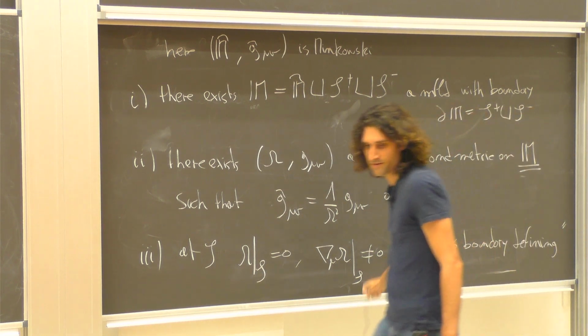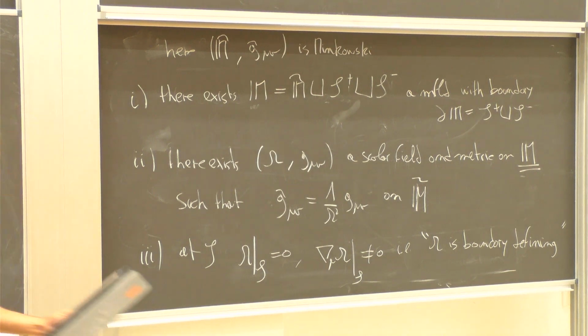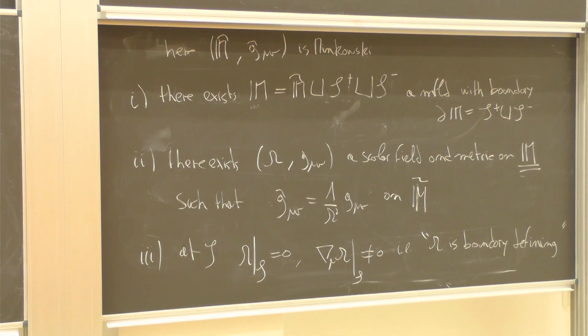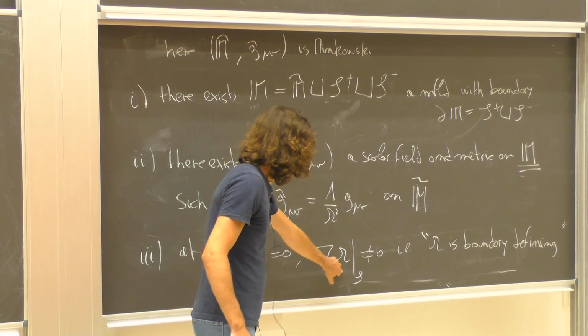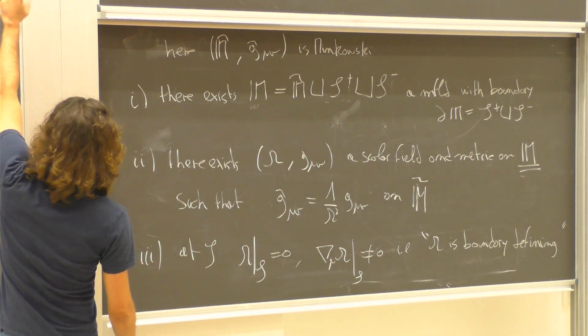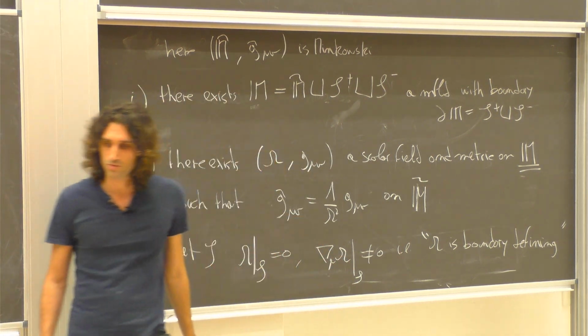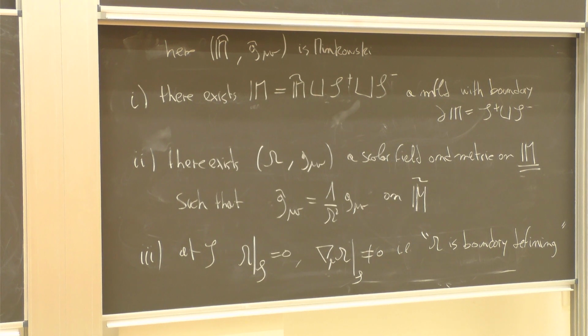It's important that the first derivative of omega is non-zero. Otherwise, you would have no normals, and that would be annoying. For example, you can check that this is not the case at the points I plus, I minus, where this goes to 0. And this is one of the problems with this object.